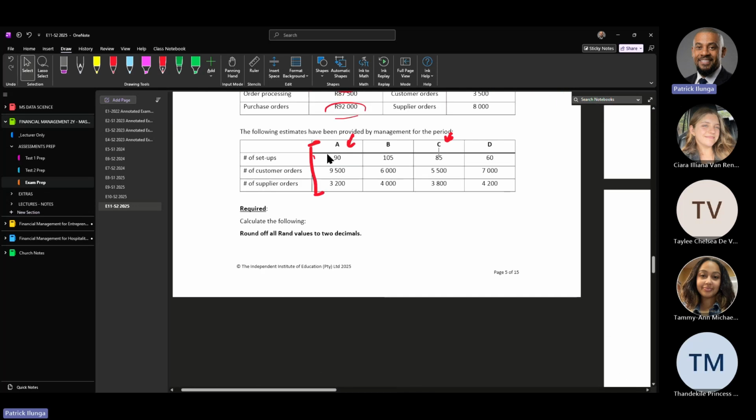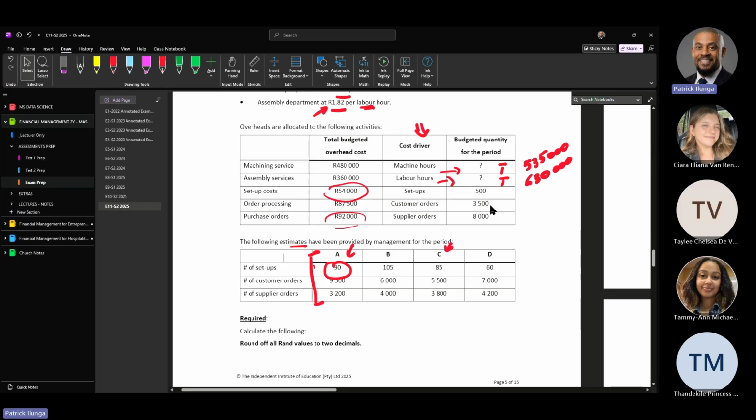And the number of setups is already provided to you. This is actually the estimate that was provided to you to say the number of setups for product A will be 90. You calculated the cost driver for the setups. So you just multiply the cost driver by the number of setups.